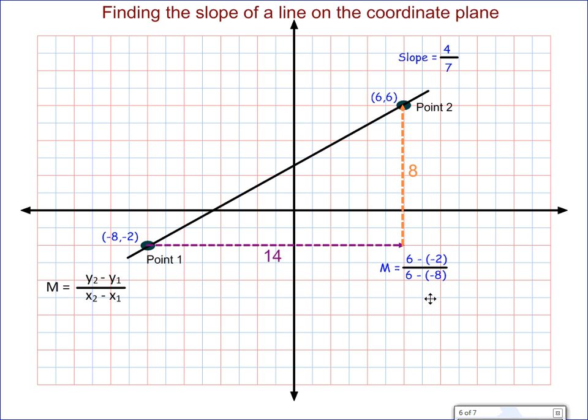So we represent the formula as follows: 6 plus 2 over 6 plus 8. We evaluate, and we get m, or slope, is equal to 8 over 14. Again, you can see that the units that we counted pan out with the actual formula, and slope now represents 4/7.